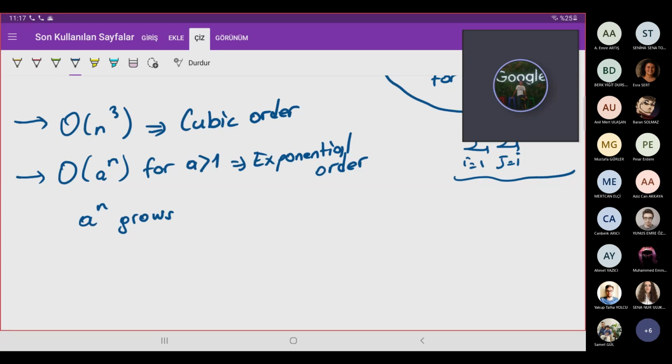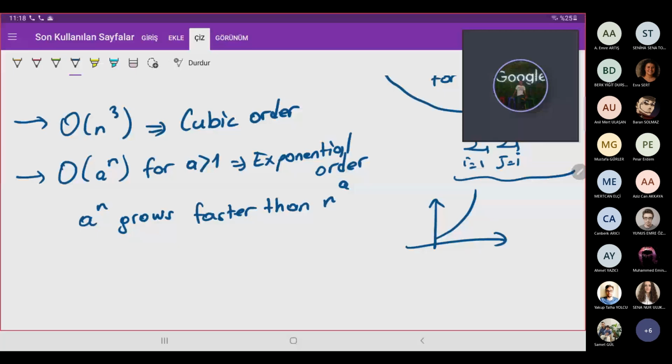For instance, a to the power n grows faster than n to the power a, but an algorithm that has complexity n to the power a is much better, because the algorithm runs much faster for that. But the function growing faster means there is a function that blows up, okay?